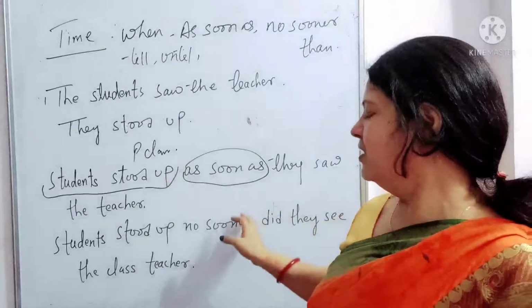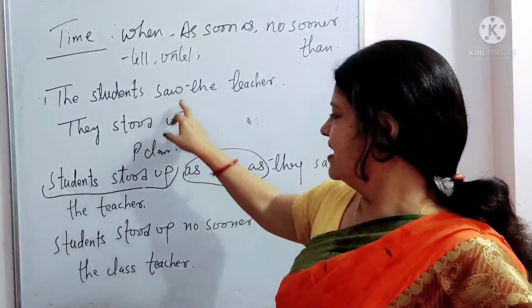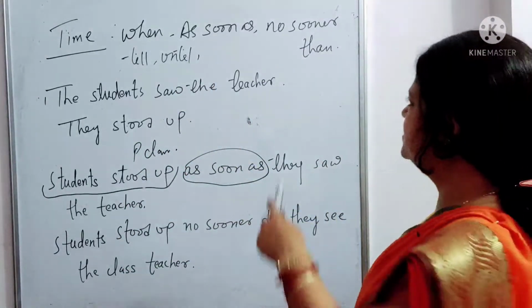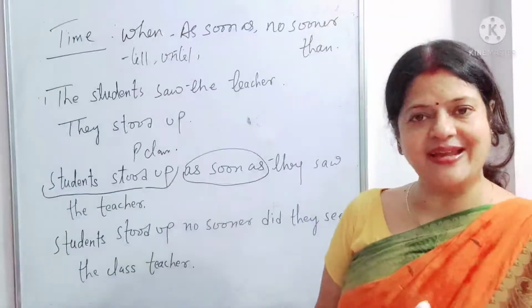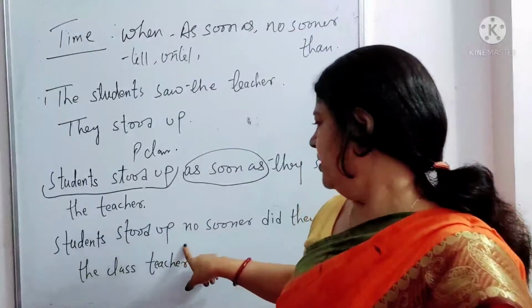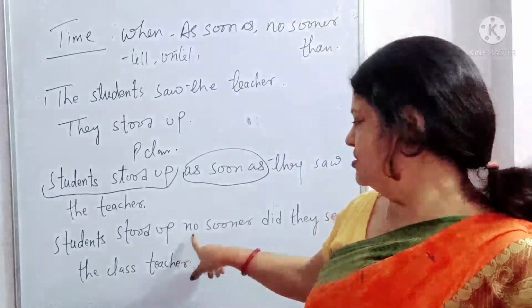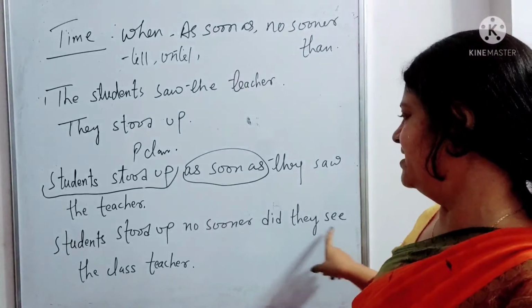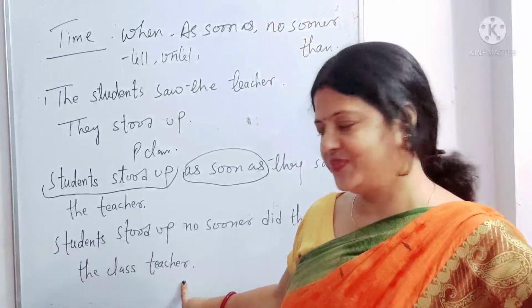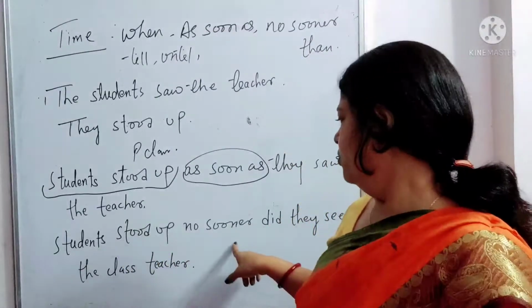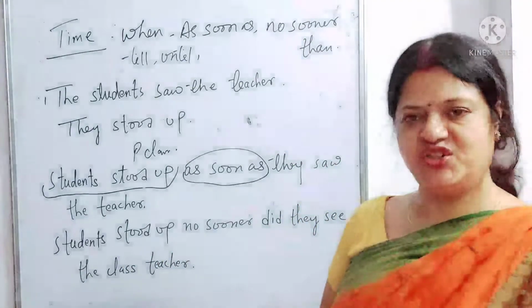Now the second sentence: again we can add these two sentences by using no sooner than. Students stood up, till here we have the principal clause. No sooner did they see the class teacher. Students stood up, no sooner did they see the class teacher.